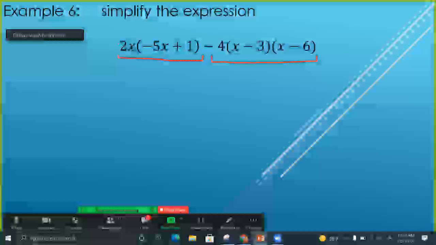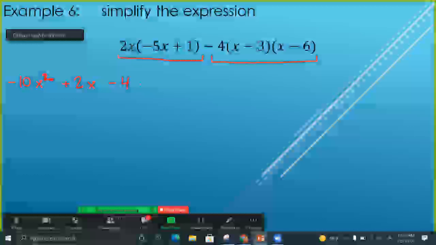So let's start with the 2x and then the minus 5x plus 1. So 2 times negative 5, that'll be negative 10x squared because we have x times x. Then 2x times 1, that's just plus 2x. Okay, now we've got this. I'm going to write down the whole thing here.